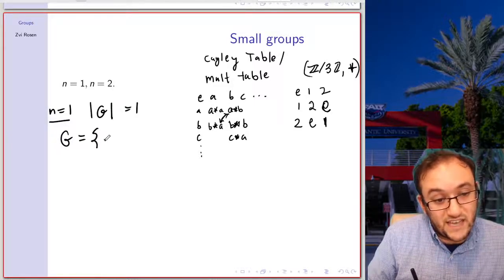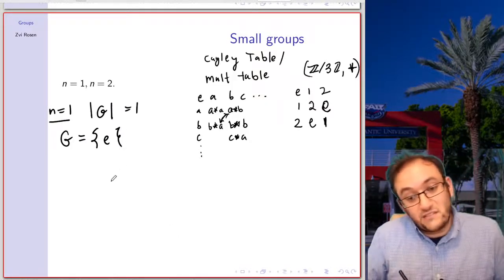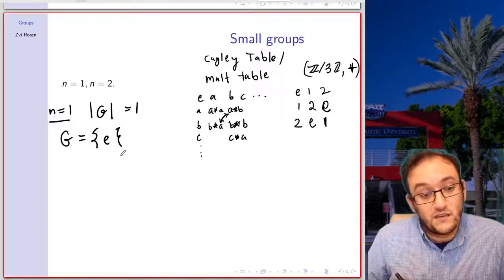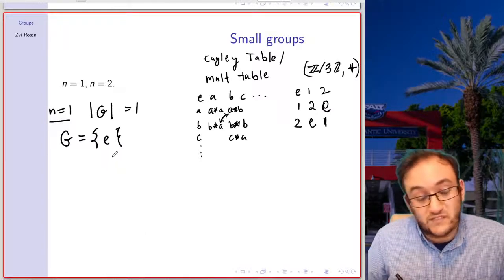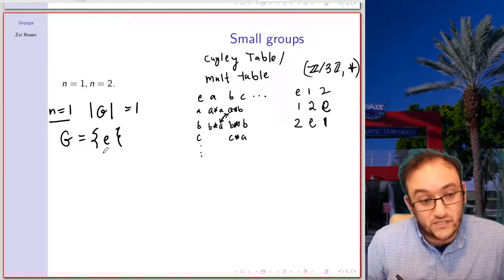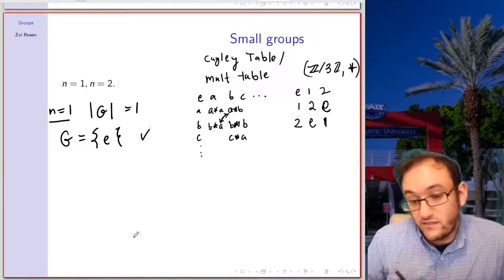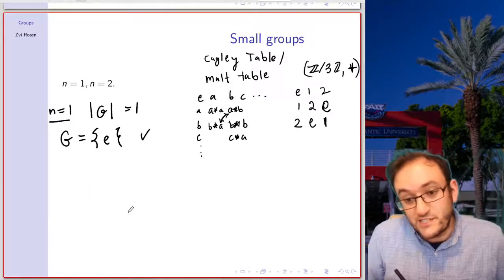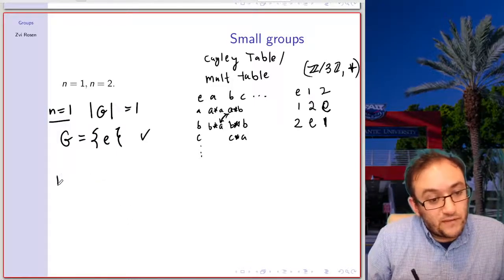So we just have the identity element. It's its own inverse, so it satisfies the inverses. When you compose it with itself, it gives itself back, so it's closed, and certainly it's associative. So this is our first group, and its Cayley table is just itself.